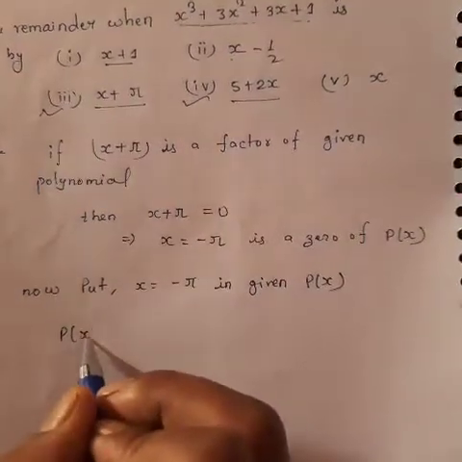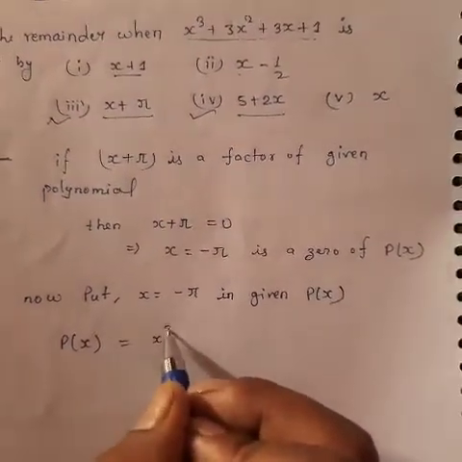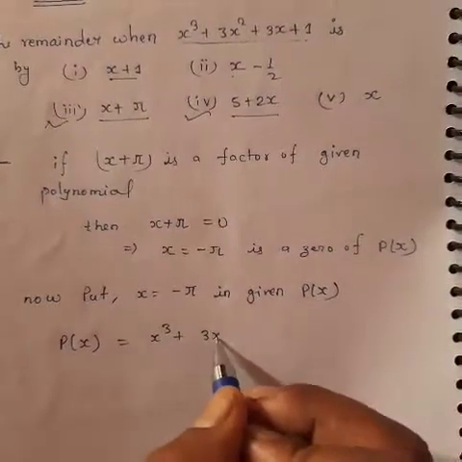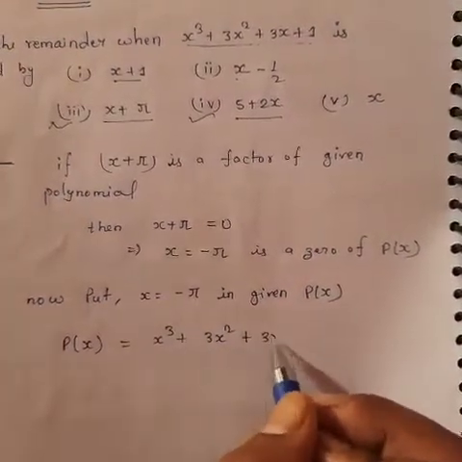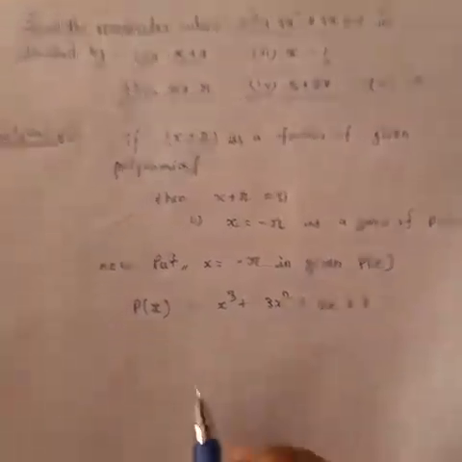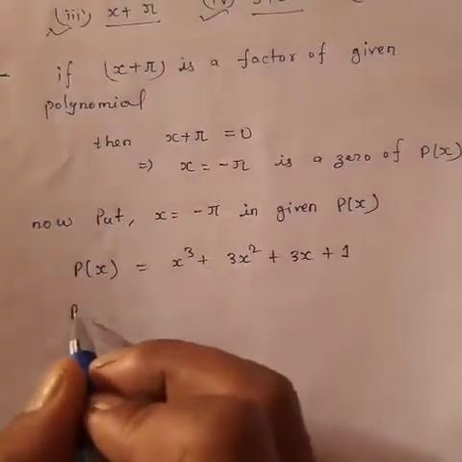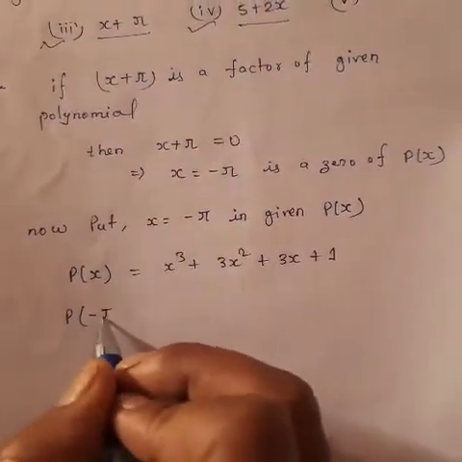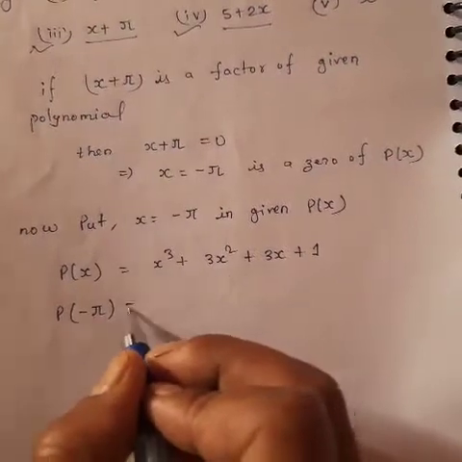So the given polynomial p(x) is x cubed plus 3x squared plus 3x plus 1. So here in place of the variable x we will put the value minus pi.